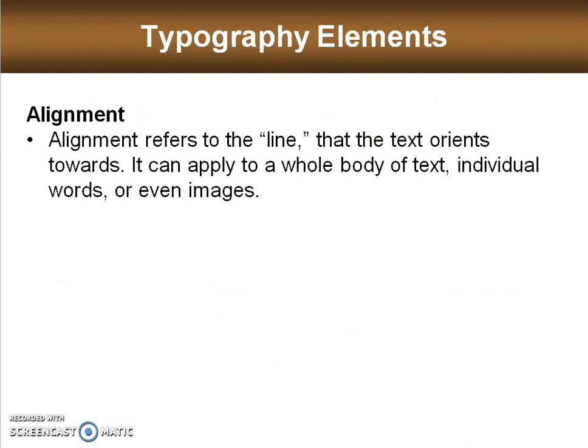Alignment refers to the line that the text orients towards. It can apply to a whole body of text, individual words, or even images. Alignment should be as consistent as possible, and every element of your design is meant to align to one of the other elements in some way to create equal sizes and distances between objects.